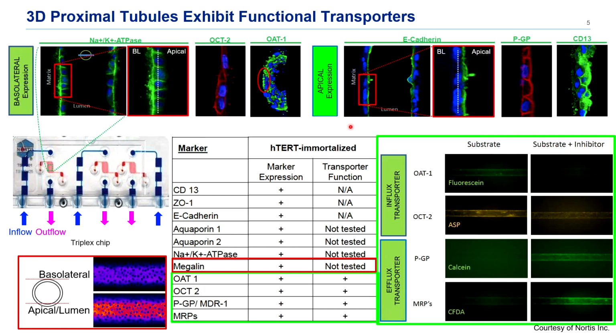Both basolateral side and apical side key transporters, for instance OAT or OCT2, with confirmation of function using substrate and inhibitor combinations. They also confirmed the expression of megalin, which is important for endocytic function for apical side uptake. I think this is the main reason why we selected this model for our assessment of drug-induced nephrotoxicity.